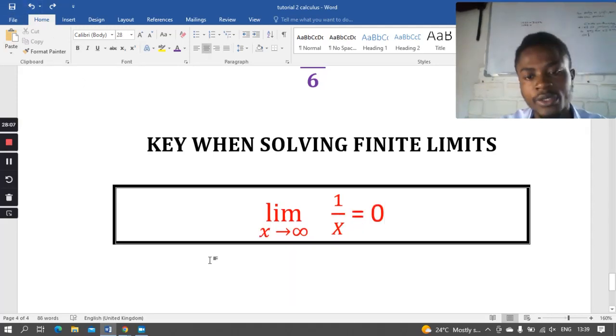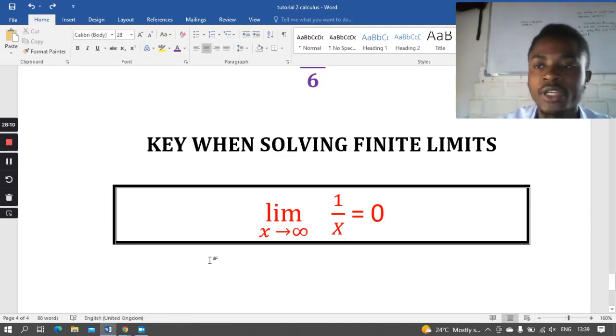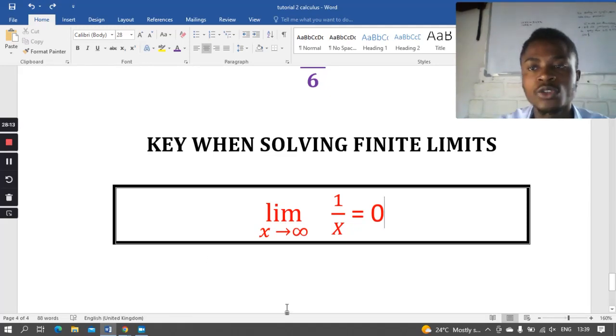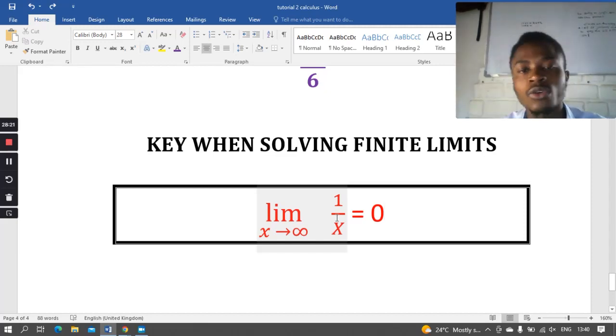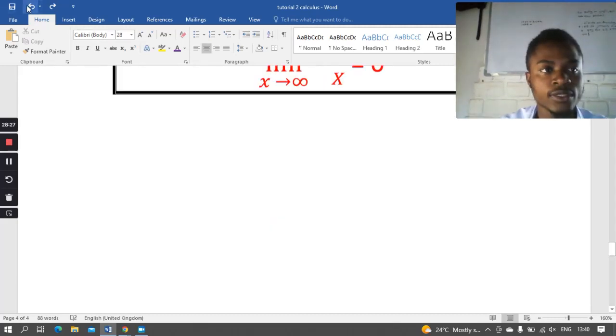So as you solve, you should look for a way you can have 1 over x, 2 over x, 3 over x, all that. It has to be in your mind.